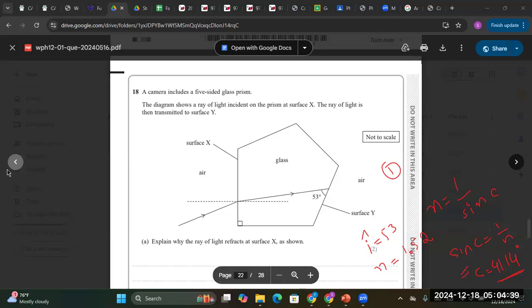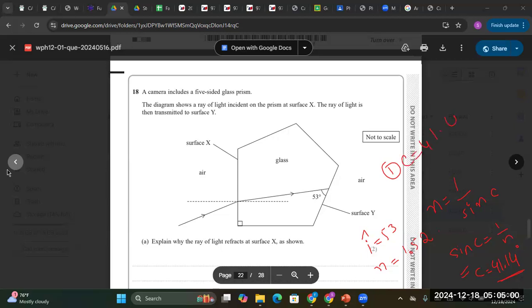You should get 1 divided by 1.52 and then you sine inverse the answer. So you'll get 41.14 for critical angle. So this is step one. Step one is to find the critical angle.